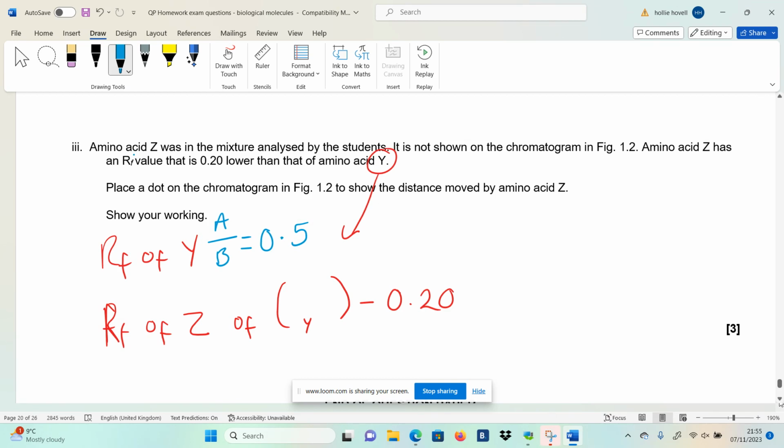So then it told us that the RF value of Z was whatever it was for Y minus 0.20. So 0.5 minus 0.20, and you should get 0.3. So the RF of Z is 0.3. Now it asks us to place a dot. So what we want to find is we need to know what distance did it move from the origin.